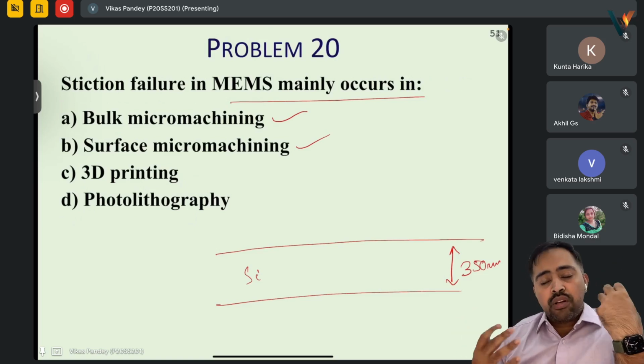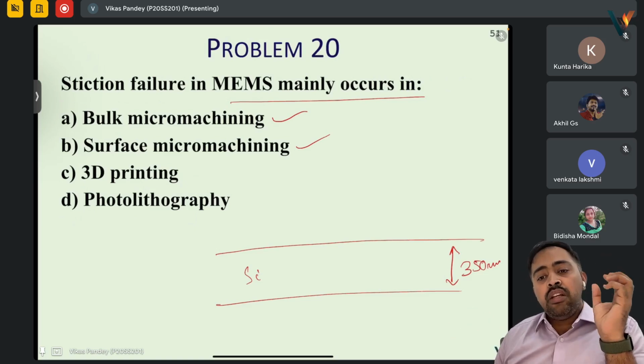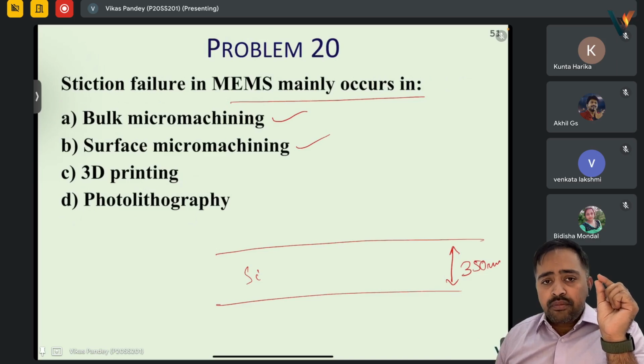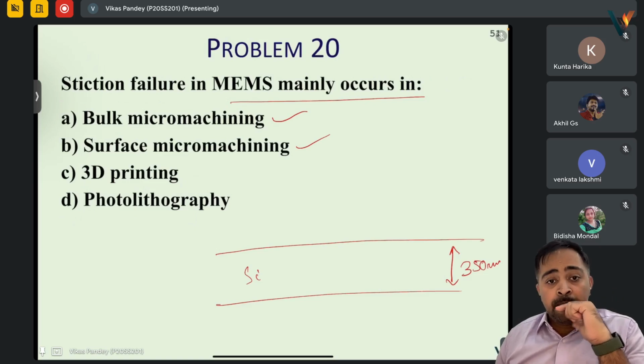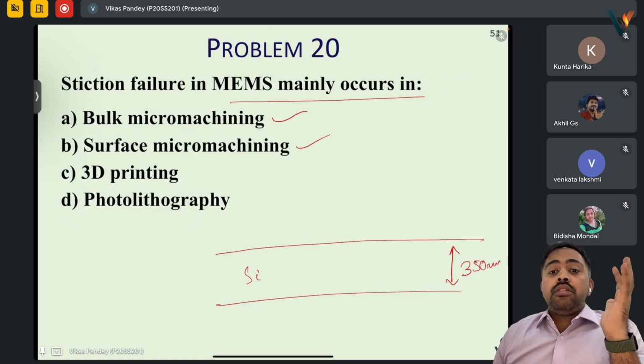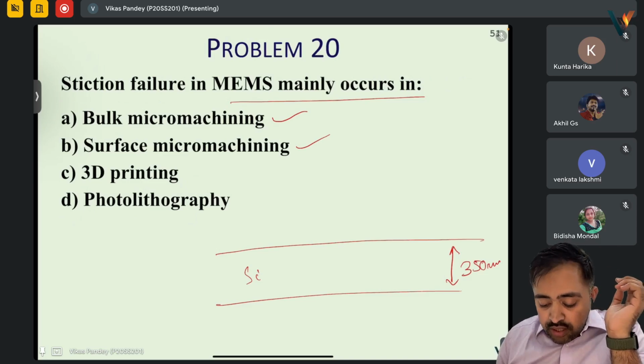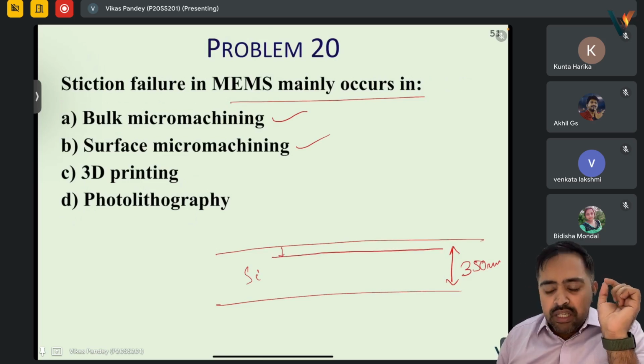Nowadays, even for 8-inch, it is still not less than 1 mm thickness.